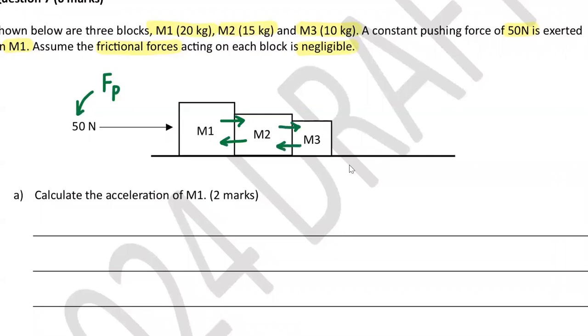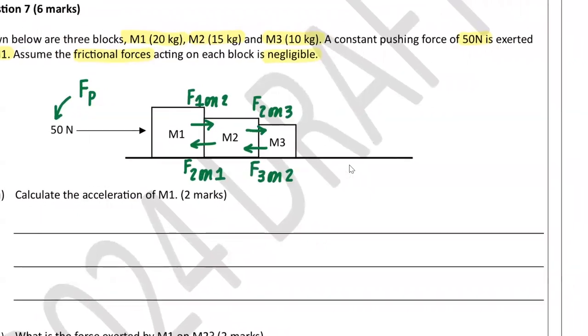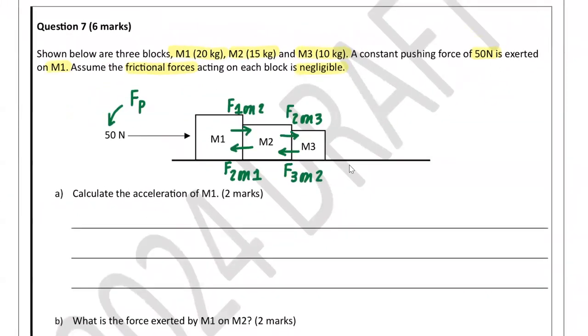In this case, we have the force of 1 on 2, the force of 2 on 1, the force of 2 on 3, and the force of 3 on 2. Now, if we go back to Newton's third law, it states that two forces are equal and opposite if they act on the same two objects.